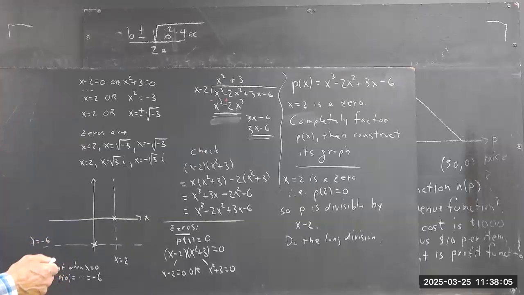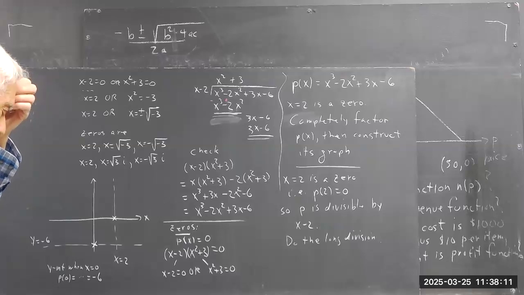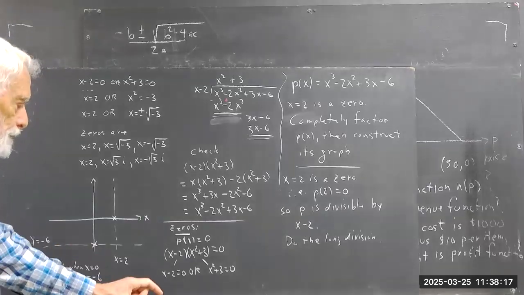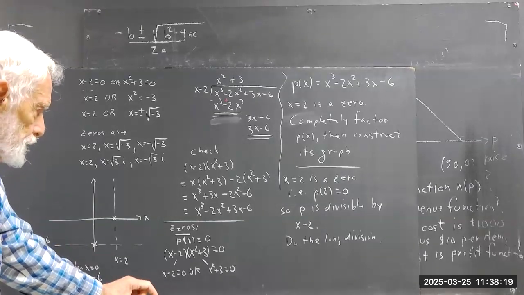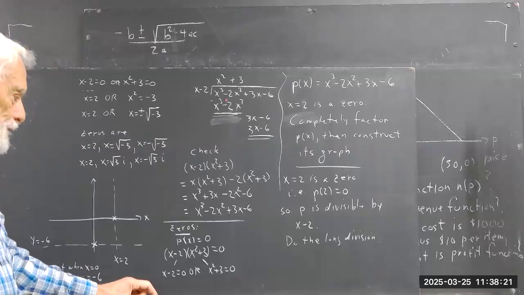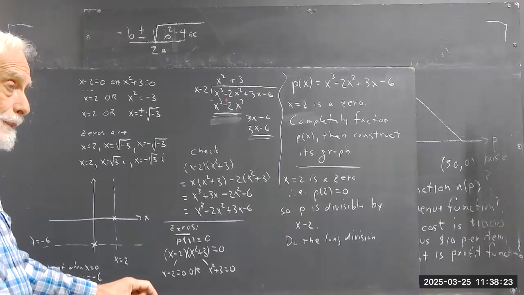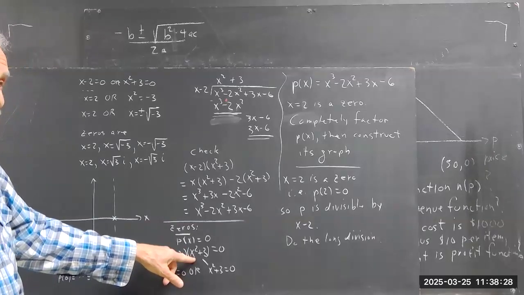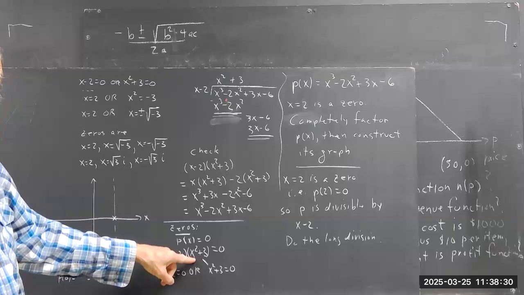And then we have the long run behavior. In factored form, if x is a large positive number, then this is positive, and well, this is positive no matter what x is, isn't it?